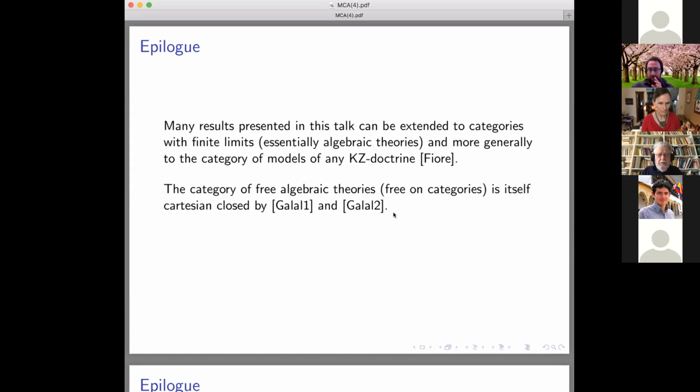And also the category of free algebraic theories is actually Cartesian closed. This is a subcategory of the category of all algebraic theories, and this is also proved in a paper by Zeynep Galal. She is going to submit her thesis at the end of August, I believe, or September, and that's something that will be in her thesis.